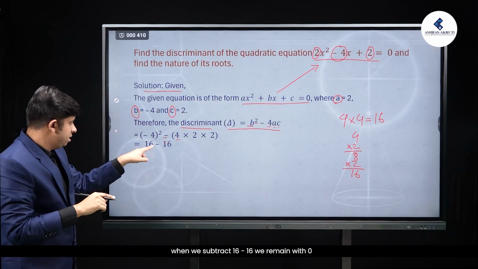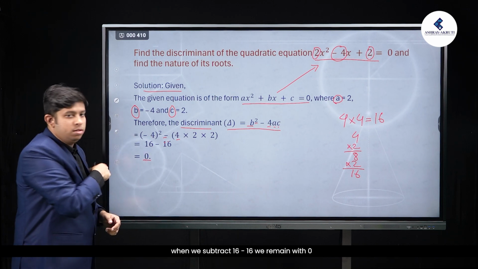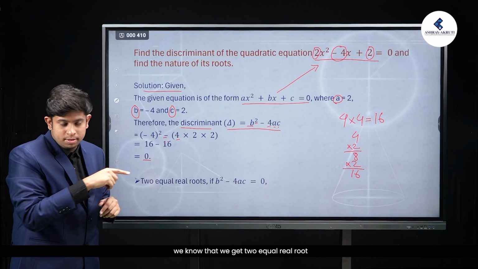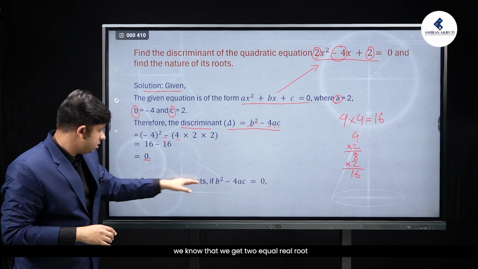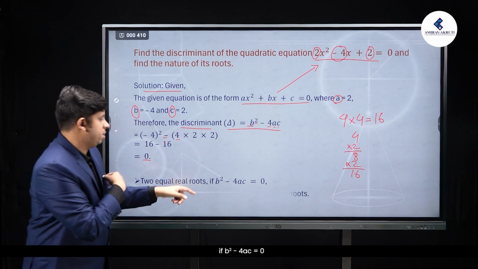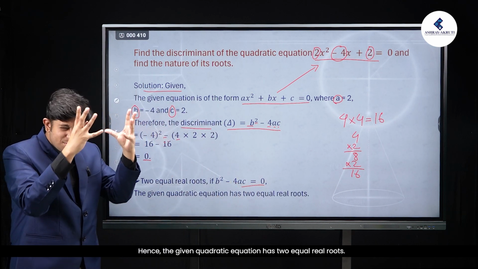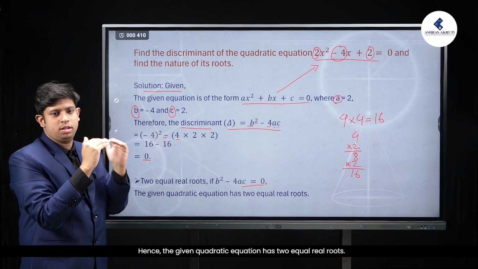When we subtract 16 and 16, we remain with 0. We know that we get two equal real roots if b square minus 4ac is equal to 0. Hence, the given quadratic equation has two equal real roots.